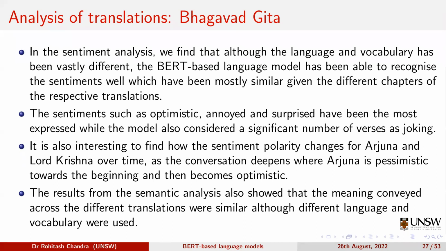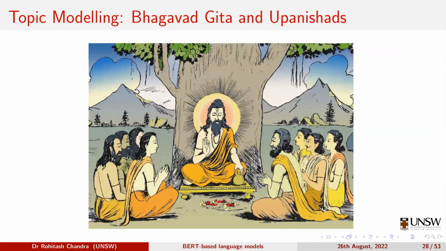And the sentiment polarity of Lord Krishna and Arjuna changes over time, where Arjuna goes from negative to positive over time. And semantic analysis showed that the meaning conveyed across different translations was similar, although different language and vocabulary were used. More results about this are in the paper itself. It's published in IEEE Access.